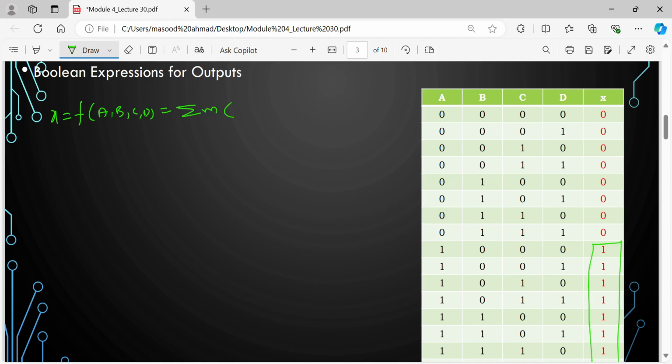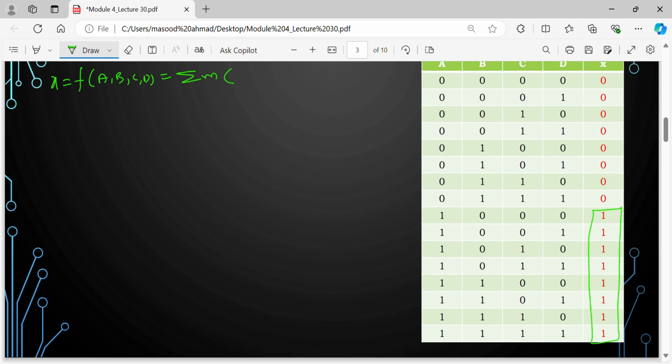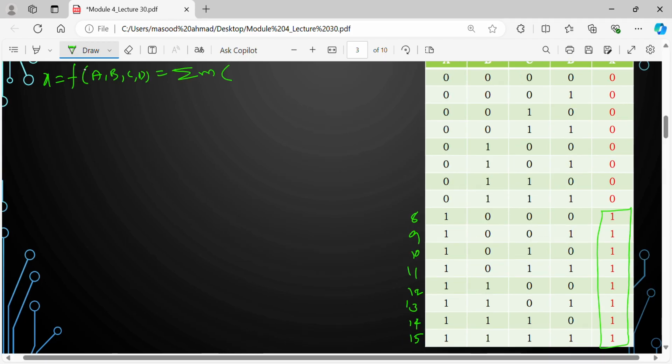If you look at the table, for 8 it is 1, 9 it is 1, 10 it is 1, 11 it is 1, 12 it is 1, 13 it is 1, 14 it is 1, then for 15 it is 1. So it is sigma m of 8, 9, 10, 11, 12, 13, 14, 15.